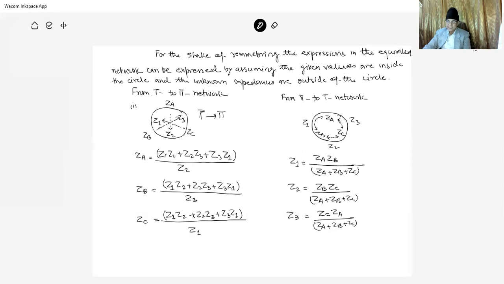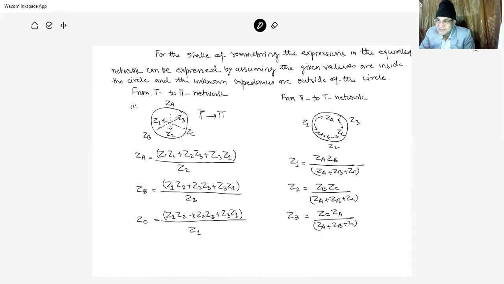So for this ZA, as in previous discussions, we find the expression is common, and we have to divide by Z2. In case of ZB, this is divided by Z3. In case of ZC, this is divided by Z1. And the pair expression is Z1, Z2 plus Z2, Z3 plus Z3, Z1. So how to remember?